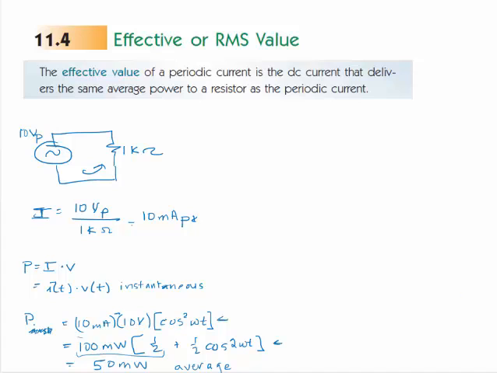So now what DC circuit would dissipate exactly the same amount of power? I have some DC source right here and my 1K ohm resistor, and I want P to equal voltage times current, and I want it to equal 50 milliwatts.